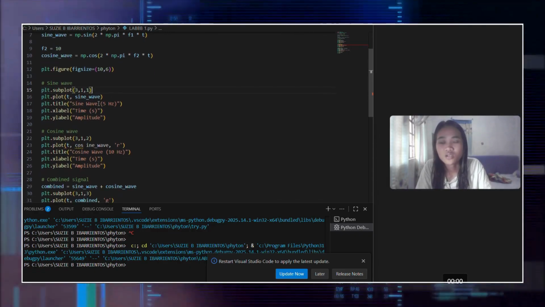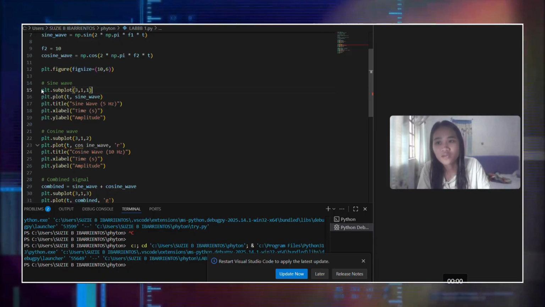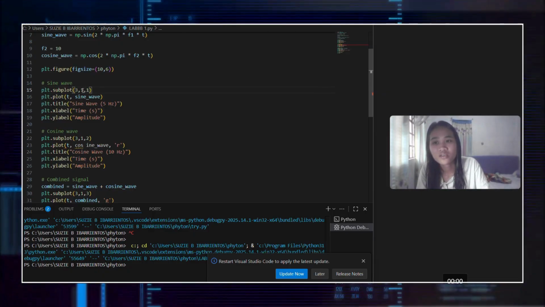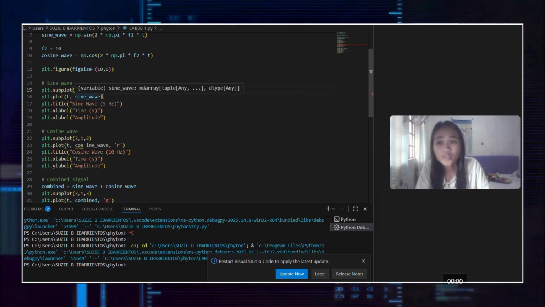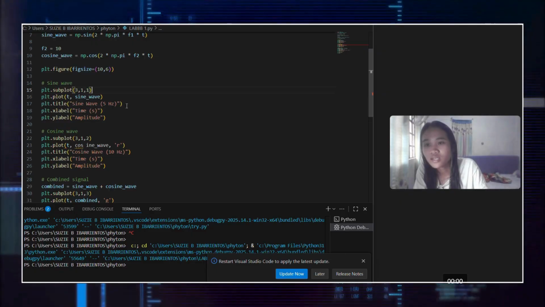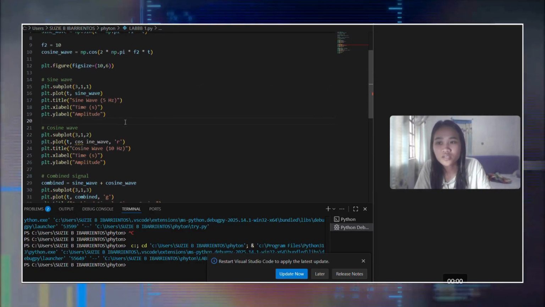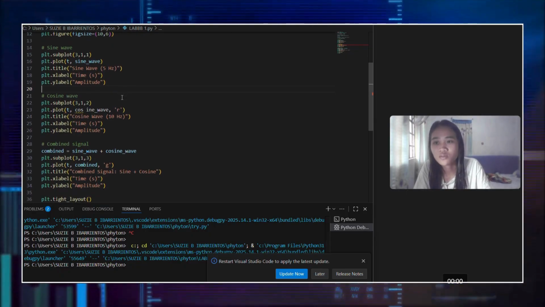To display the signals, for the sine wave I use plt.subplot(311). This is the area where the sine will be shown. The title is sine wave, the x label is time, or t, and the y label is amplitude.